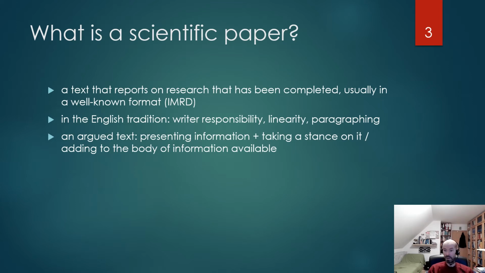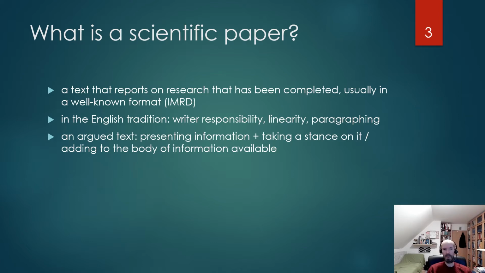So let's first ask ourselves what kind of animal a scientific manuscript, a scientific paper is. It doesn't really matter whether we're talking about a lengthy paper like a dissertation or a shorter paper like a journal article. A scientific manuscript is basically a text that reports on research that has been completed, and it usually has a well-known format.